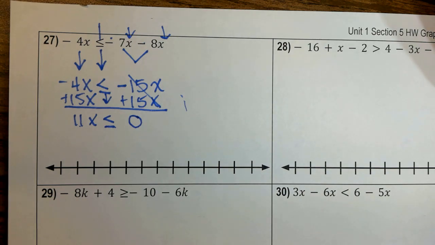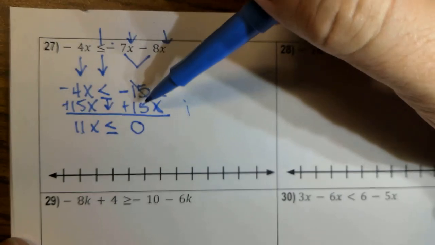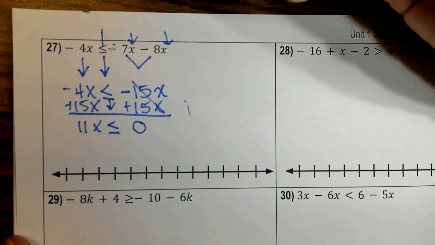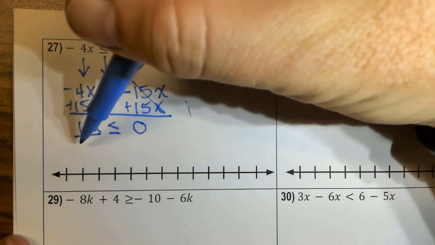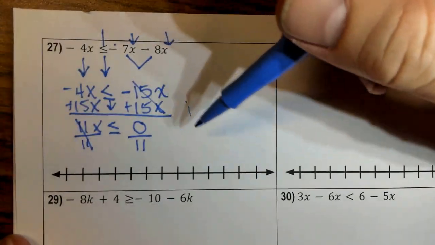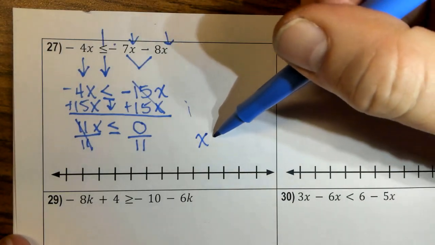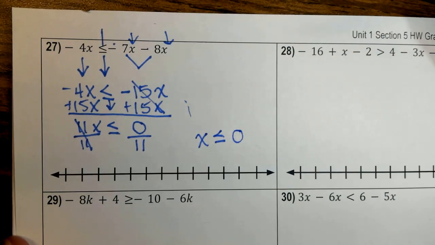So if everything gets moved and there's nothing left, I actually just have 0. So don't think it's like a no solution kind of thing, because 15 minus 15 is 0, and I don't have another number, so it's just 0. Now my last step, because I still want x, I need to divide, which in this case doesn't really change much. So I have x, my inequality doesn't change, and 0 divided by 11 is 0.